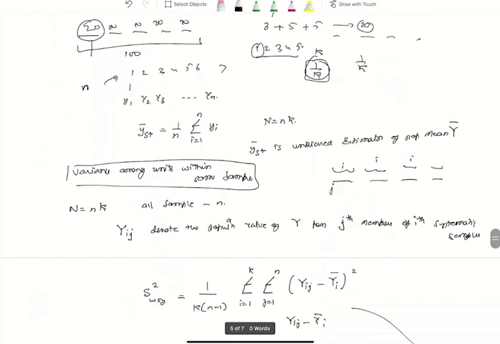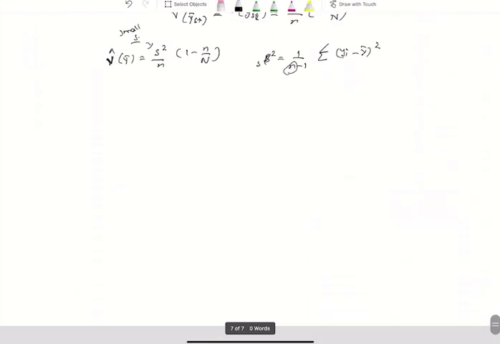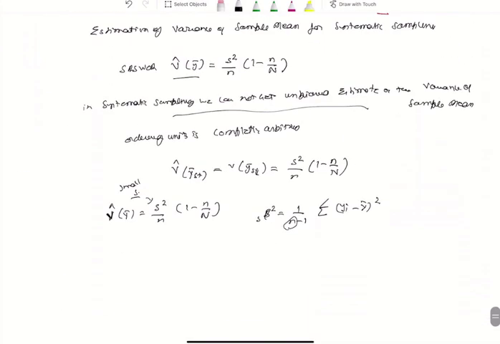So if n is 1, then we can't really do this, because n minus 1 will become 0, and this is actually going to become 1 by 0, which is not a computable number. So that's why we can't compute it, and that is why this does not work for systematic sampling.